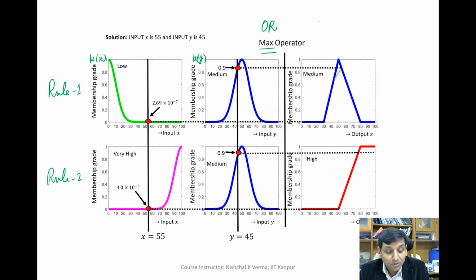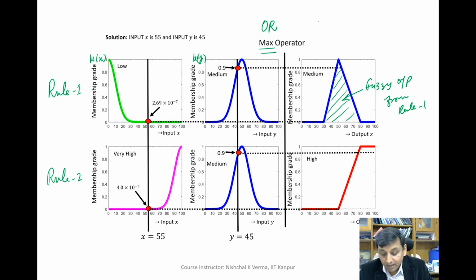If we use 0.9 for truncation, we use this value as the fuzzy output. So this is the fuzzy output from rule 1 for the input x is equal to 55 and y is equal to 45.